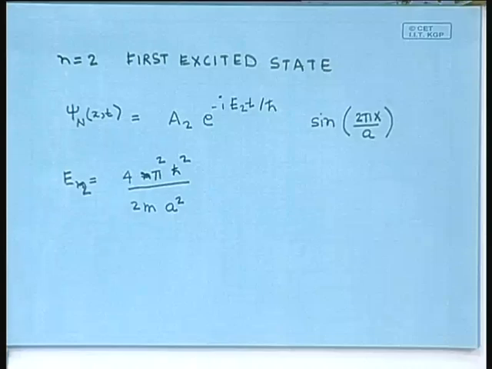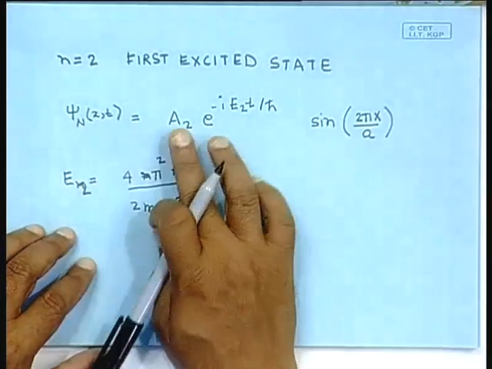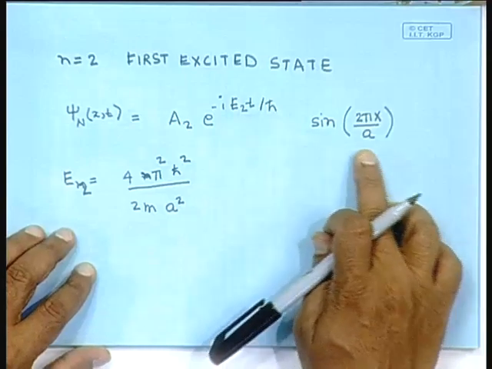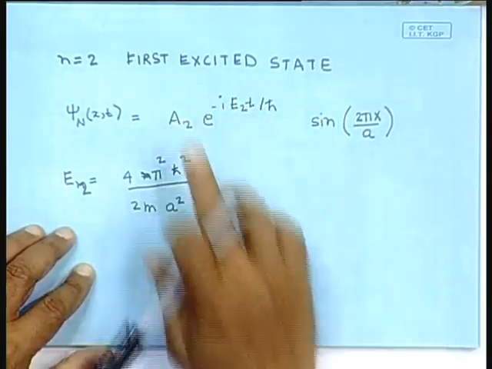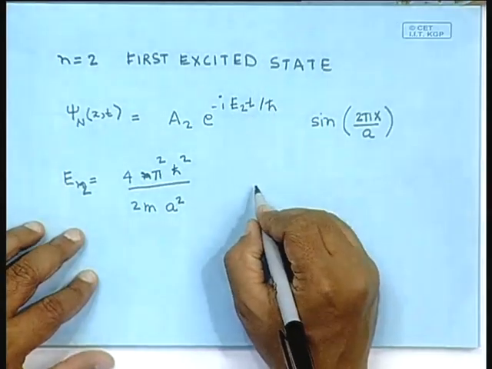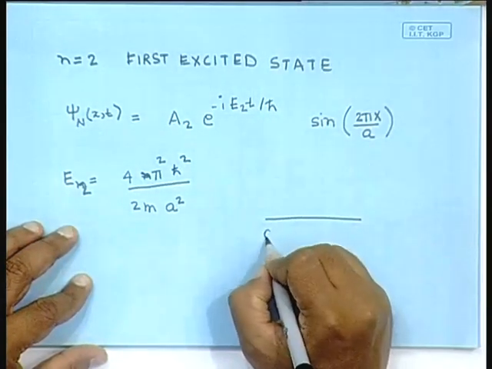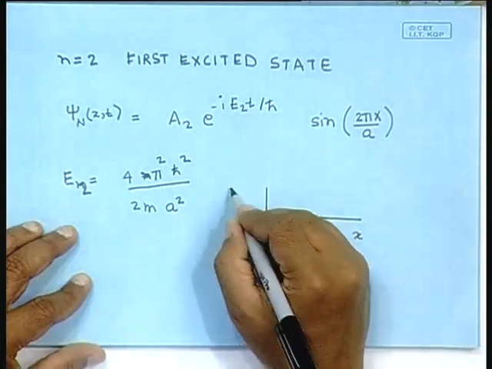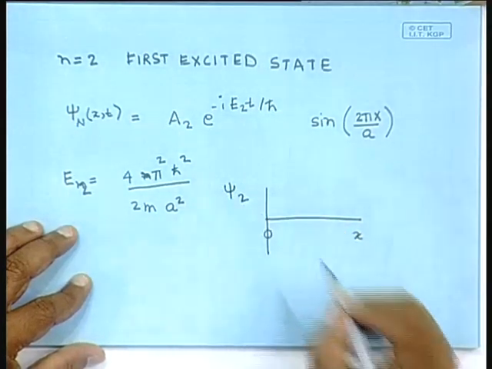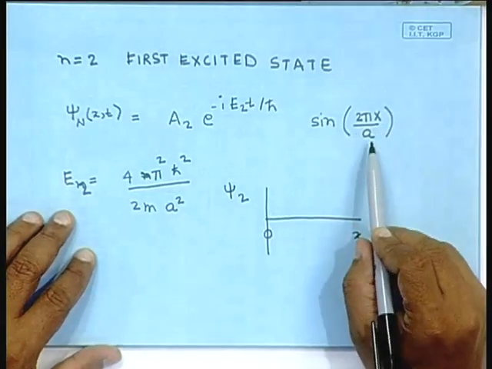And let me now plot this wave function. Again, what I mean by plotting the wave function is just plotting the spatial dependence, which is a real function. We are not interested in the time factor, and this is just a constant. So when I plot psi 2 in the range 0 to a, I have to plot sine 2 pi x by a.